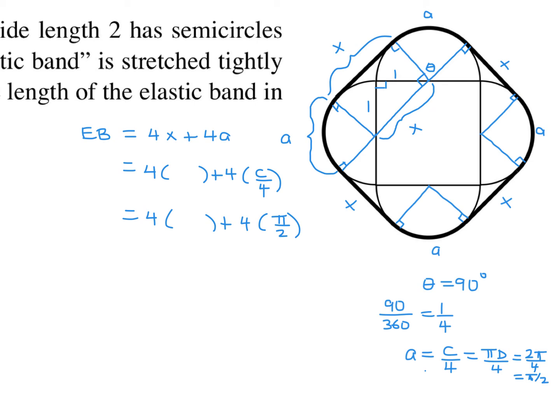So x I can get with the Pythagorean relationship of that triangle. 1 squared plus 1 squared is x squared, and therefore x squared is 2, x is root 2. So put that there. And this becomes 4 root 2 plus 2 pi, and that is the length of the elastic band.